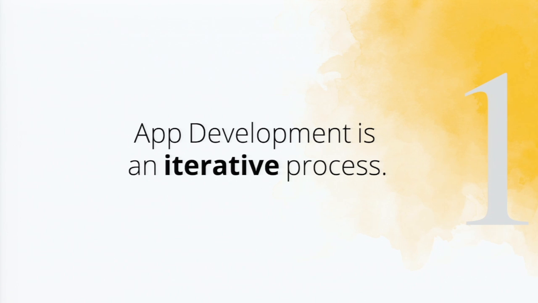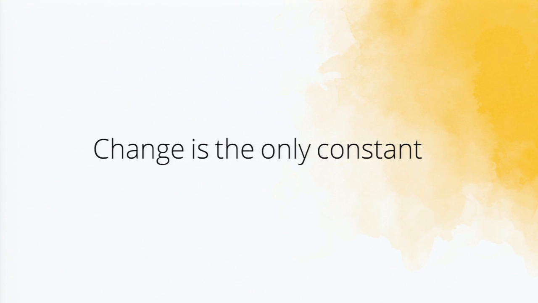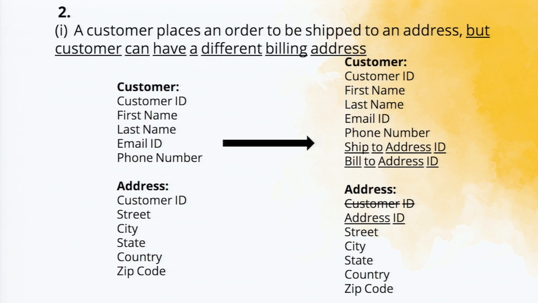Everyone knows that it's an iterative process and change is the only constant, which means the tool, the product, has to really support this whole notion of an iterative process. For example, we had a shipping address, and you already had hundreds of thousands of customers and orders placed and shipped, and suddenly you realize that you want a billing address in your requirement.